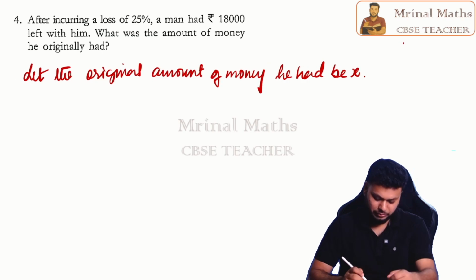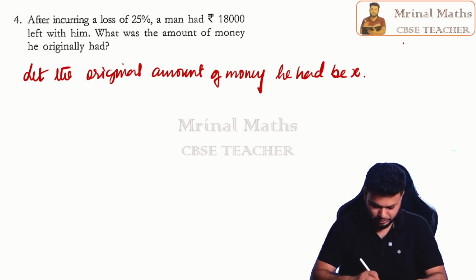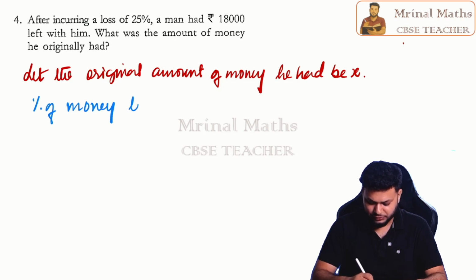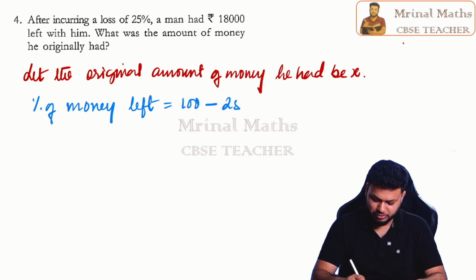Fine. Now, the percentage of money left. So, 25% he already had as a loss. So, he has 75%.